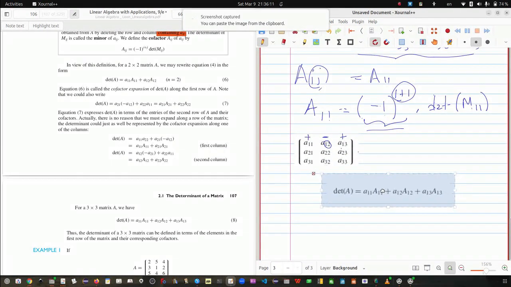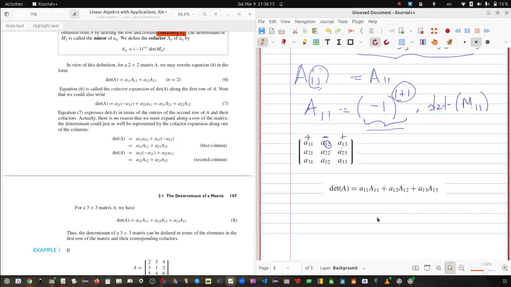This is our definition of determinant. You take a row, and for that row, you take each element and its cofactor, multiply them and add them up. Let me see if I can change the color. Let me make it red.